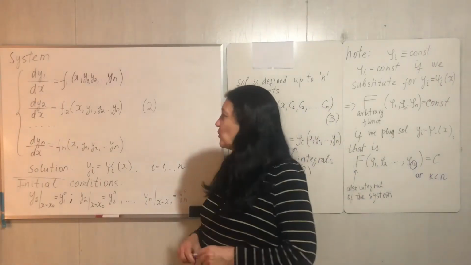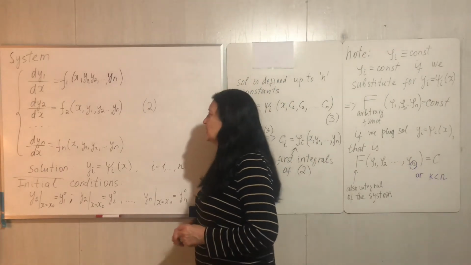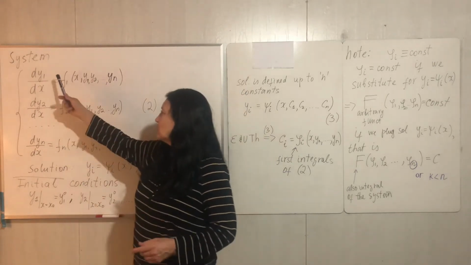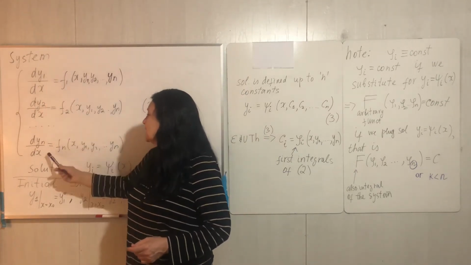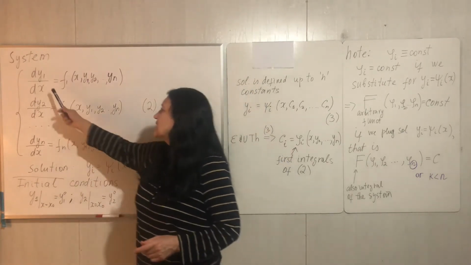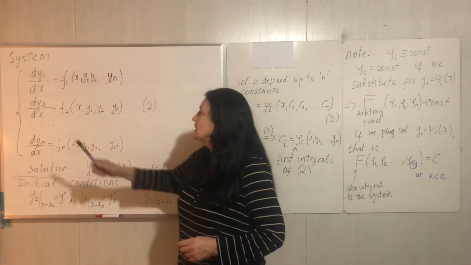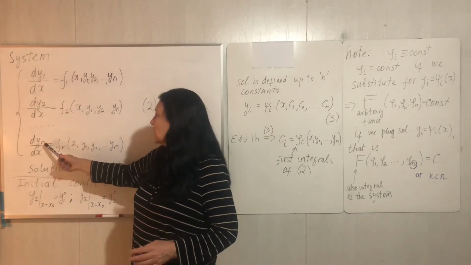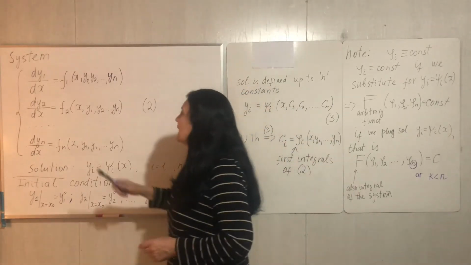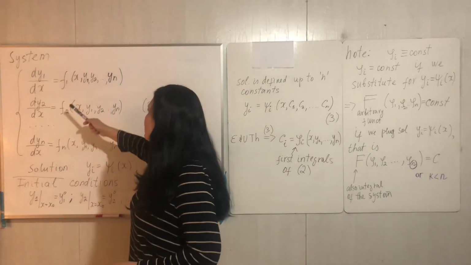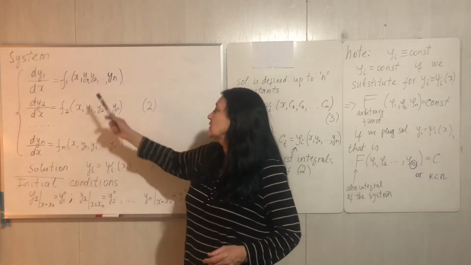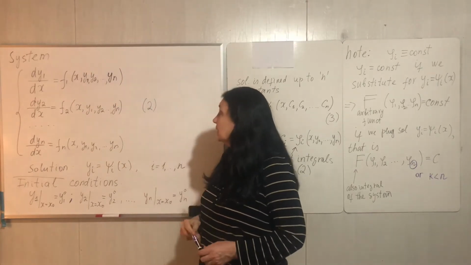So now let's move from one first order ODE to a system of first order ODEs. Suppose we have n equations, and suppose we still have x as the independent variable, and y1, y2, yn are unknown functions of x. Now in the right hand side we have functions that involve x, our independent variable, and all of the unknown functions.